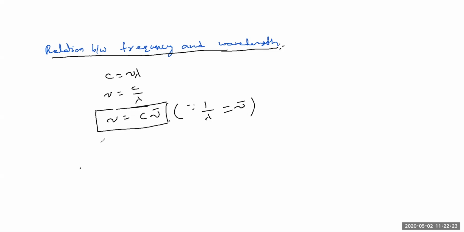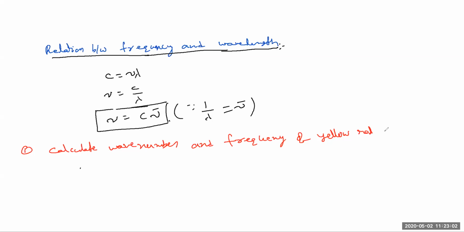One problem right now: calculate the wave number and frequency of yellow radiation having wavelength 5,800 angstroms.